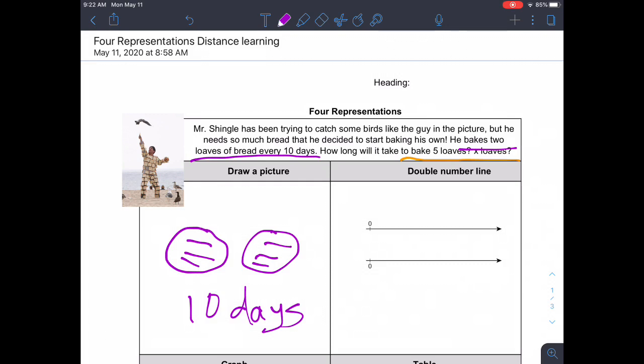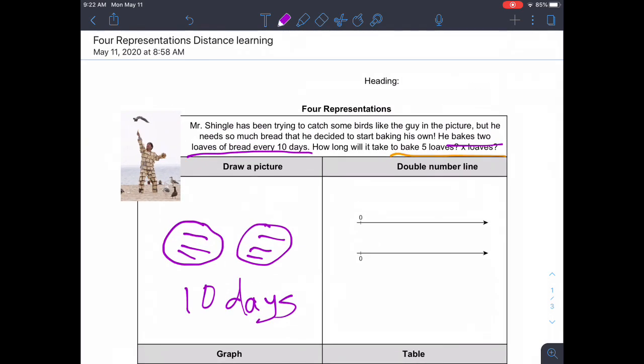Next step, we need to do a double number line. So what are the 2 things we're looking at in this situation? If we look back at the problem, we're talking about bread and days.